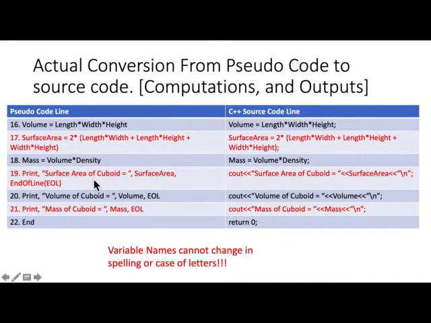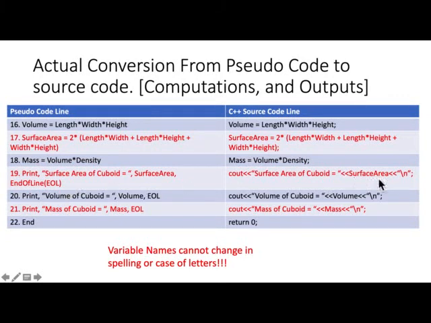Now we do the print statement. For this you can go back to the previous slide. So print gets replaced by cout, arrow, arrow, surface area of cuboid equals, which gets outputted exactly the same way. Each comma is replaced by a left facing arrow. Surface area, the variable name, exactly the same way.